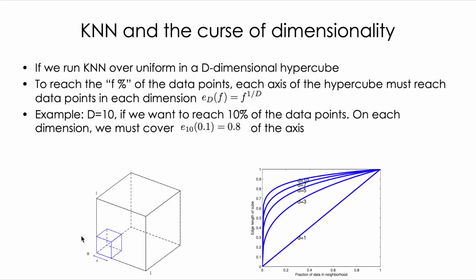So our intuition is telling us: you want to grab 50% of the points inside the cube? Okay, grow a blue cube whose size is 50% on every axis.